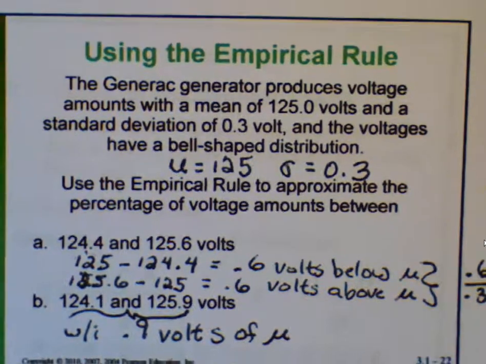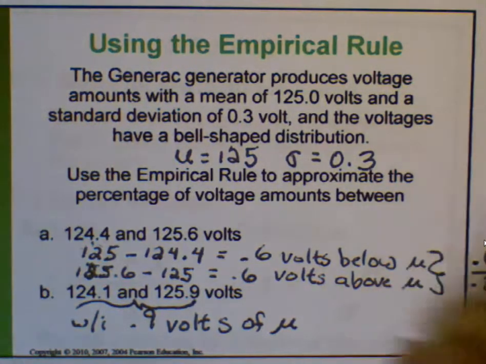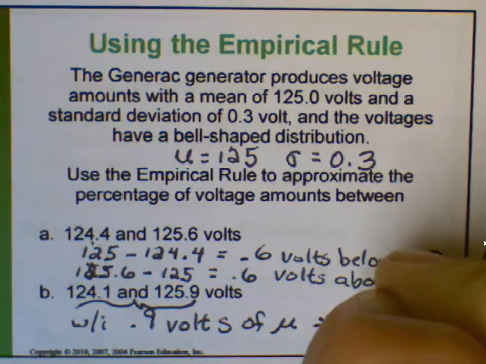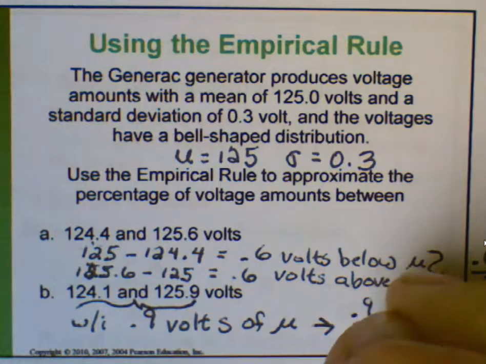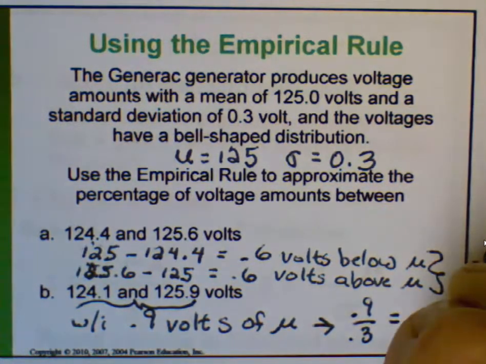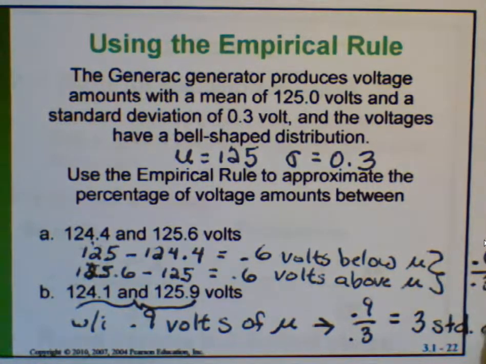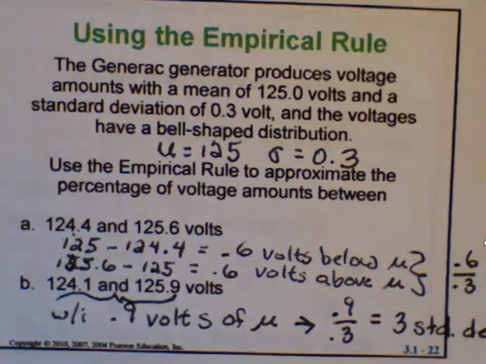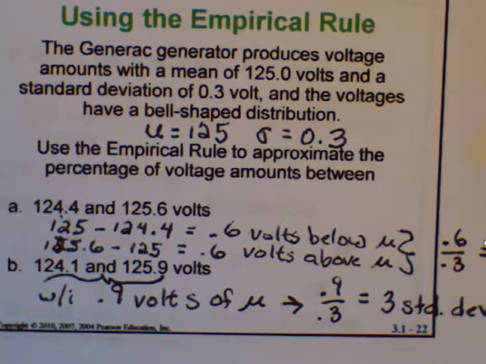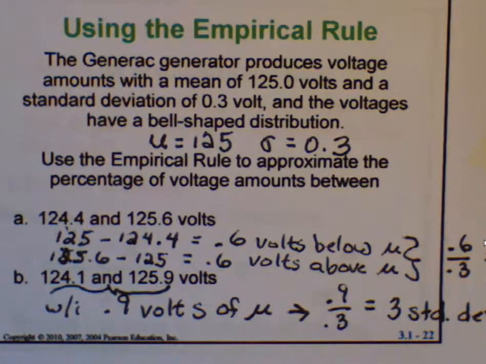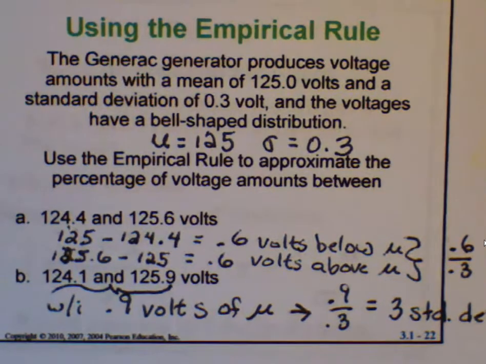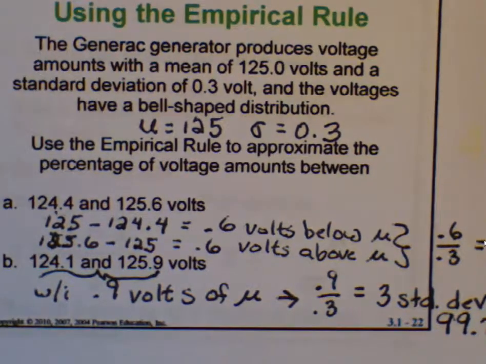And to find out how many standard deviations that is, just divide by the size of one standard deviation. And you find that that's 3 standard deviations from the mean. Using the empirical rule, what percent of the population lies within 3 standard deviations of the mean? 99.7.